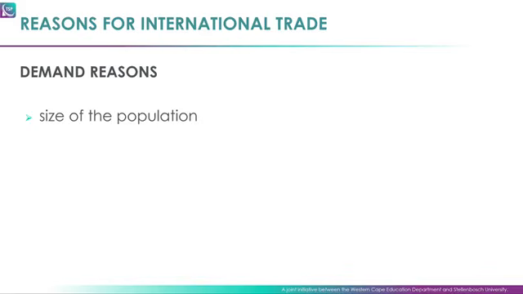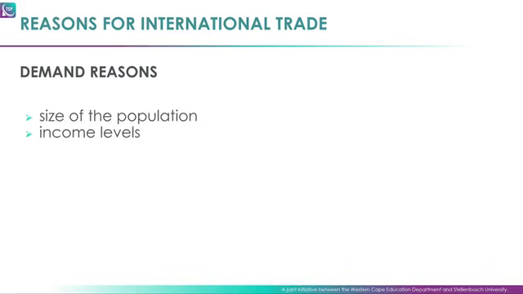So obviously with more people in the country, there is a bigger demand and more needs that need to be satisfied. And obviously if the country doesn't have enough to satisfy the needs of their people, they would then have to buy it from outside. The second demand reason is income levels, right?